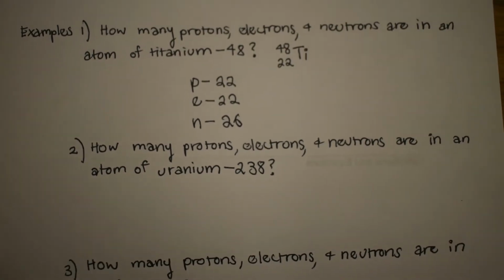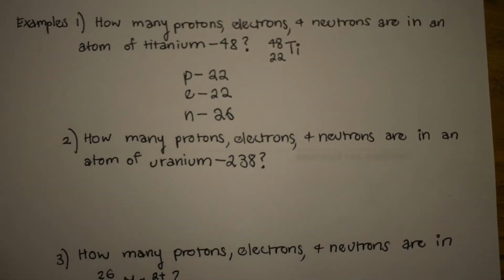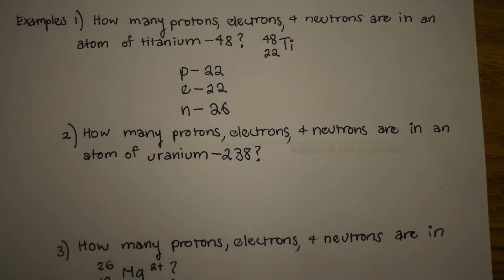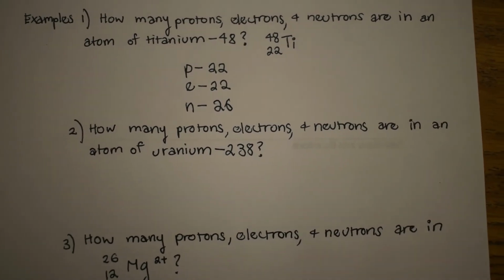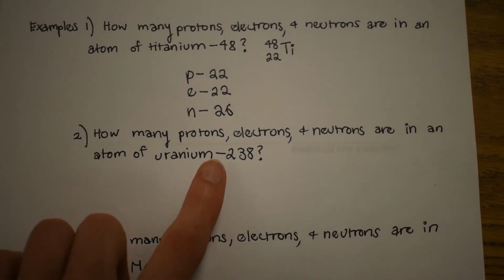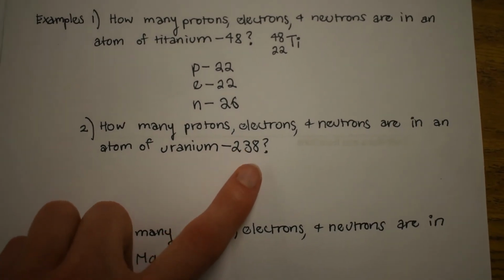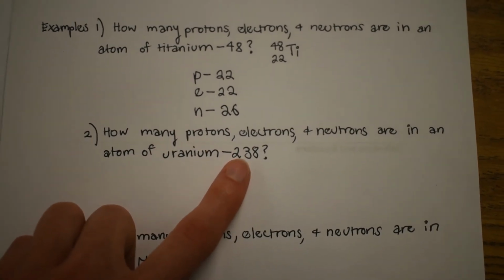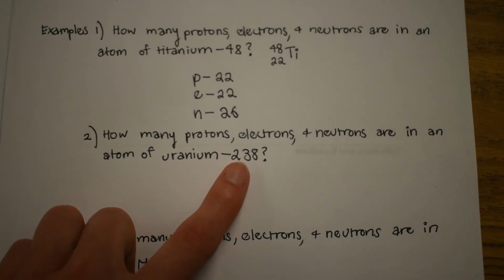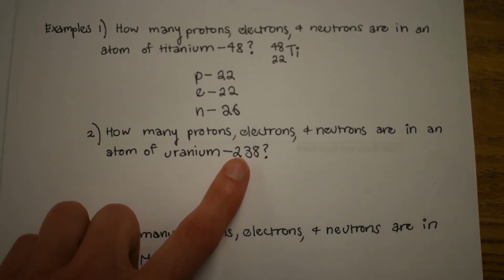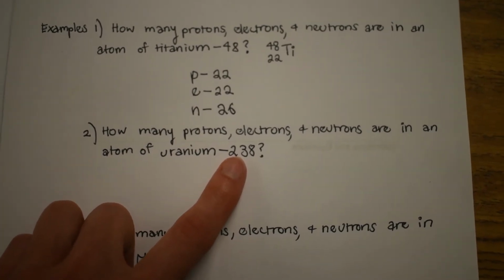Okay, next question. How many protons, electrons, and neutrons are in an atom of uranium-238? So this number after the dash, that is the mass number. So that's not the number of protons or neutrons or electrons. So to find the number of protons, we need to look on the periodic table.